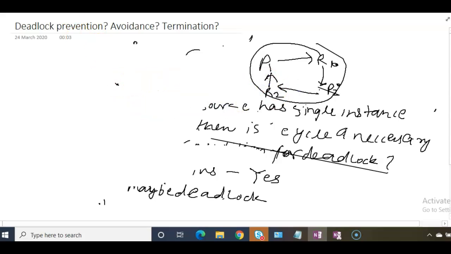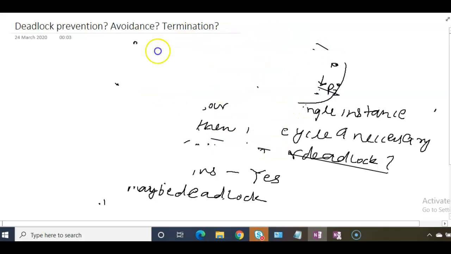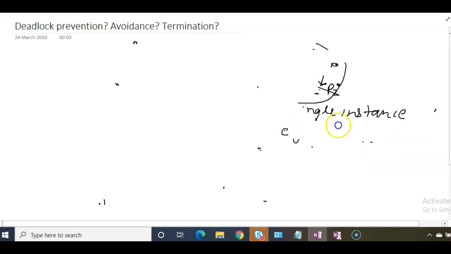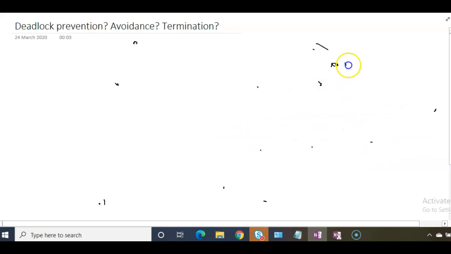But when we are going to terminate processes, which process should we terminate first? For that, you can use multiple algorithms. Like you can terminate the low priority process, you can terminate the large process. It depends on your algorithm.